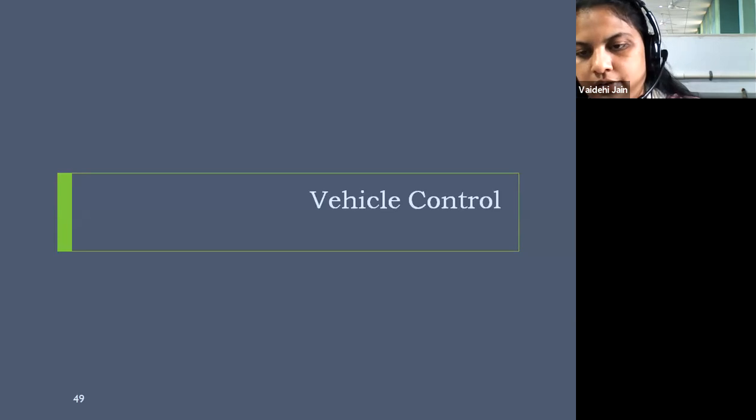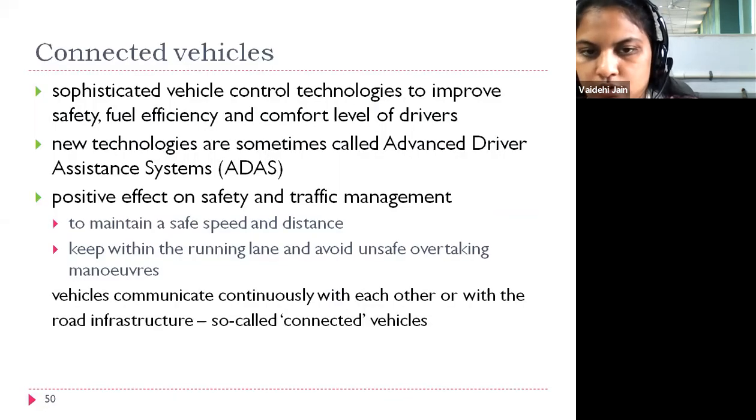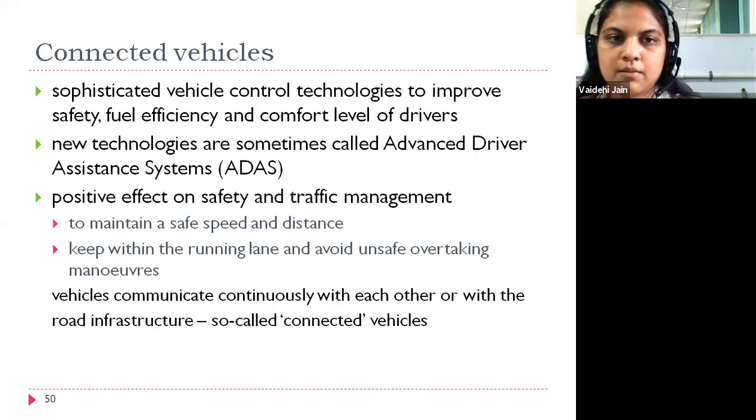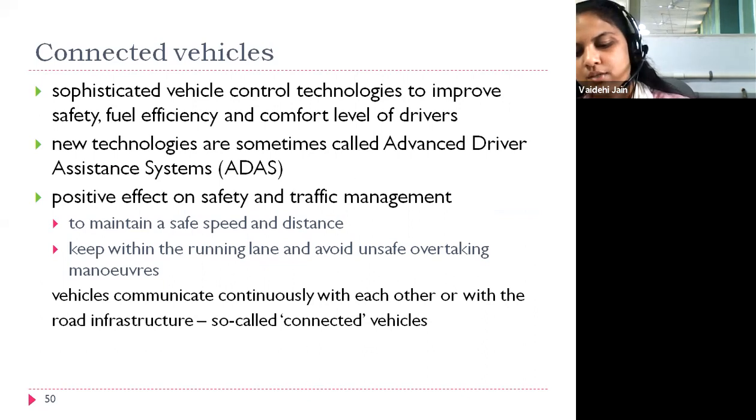Now after the traffic control, the vehicle control. Traffic is the mass of a number of vehicles, but in the control of one vehicle, the very important part is the connected vehicles. The vehicles should have a connection in between. Whatever vehicles are there on the route, all the vehicles should be connected.